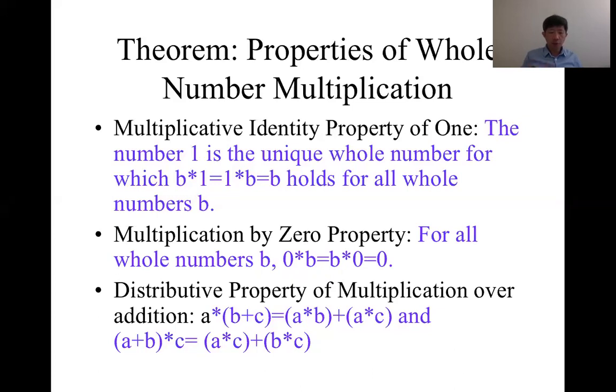You want to distribute it like this: A times C plus B times C. So this is the distributive property.